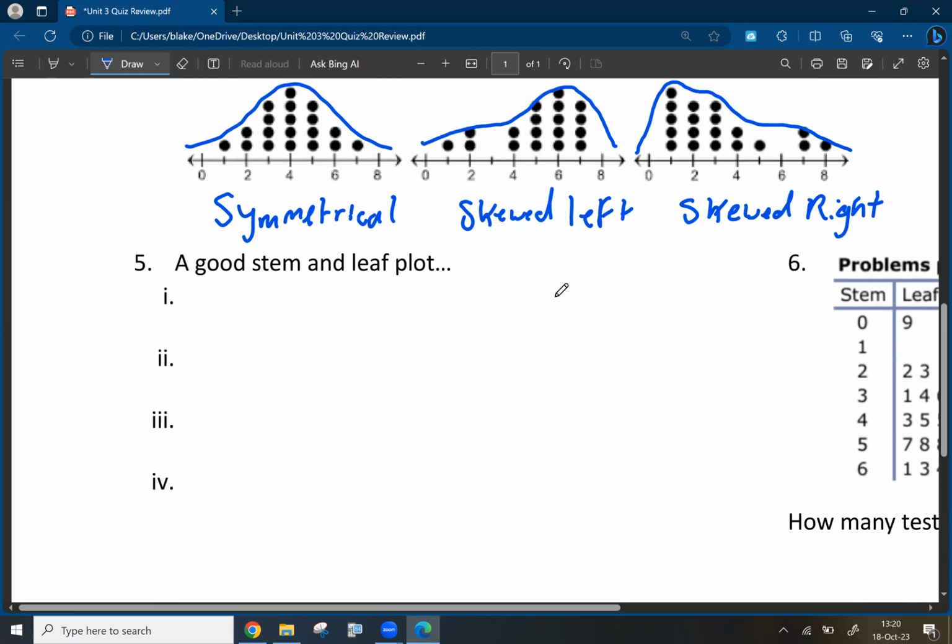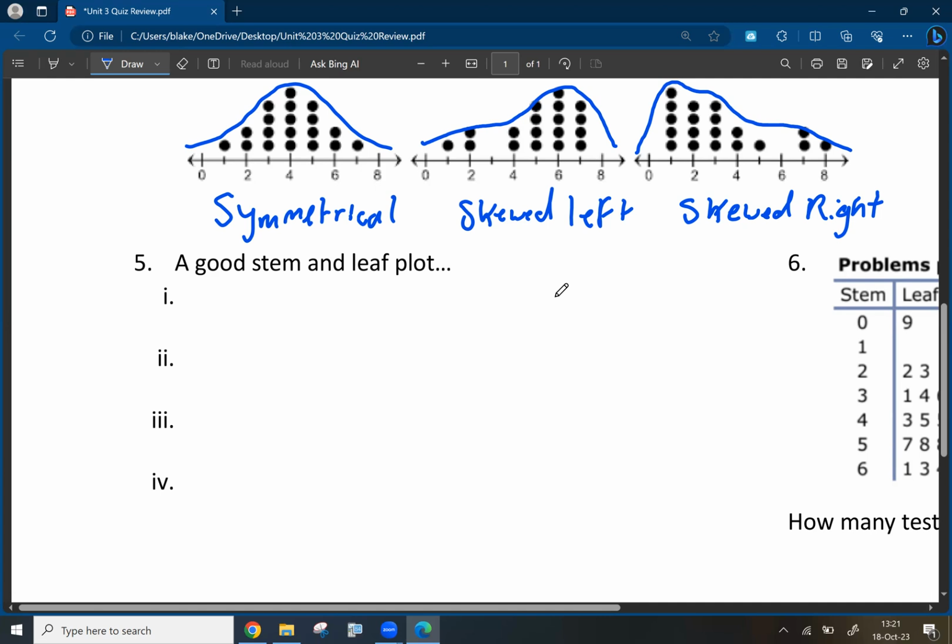A good stem and leaf plot. Let's go back to this. I've got to make sure I have good enough answers here. This is the same question that we had in our skill check. So hopefully I can write this in here without being too sloppy.